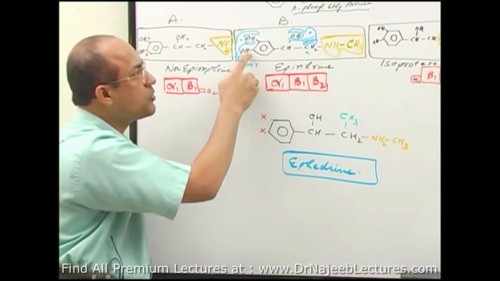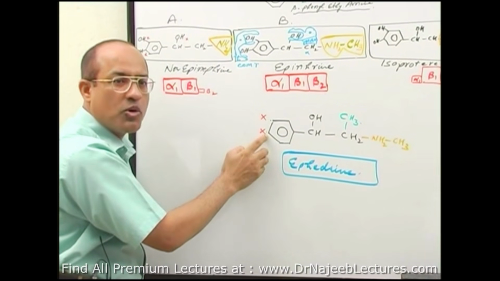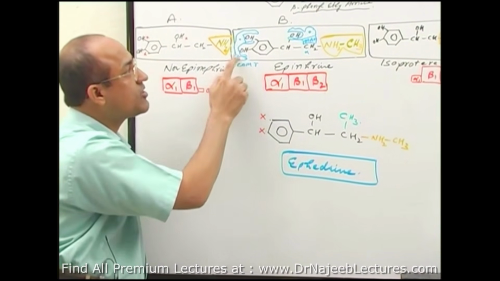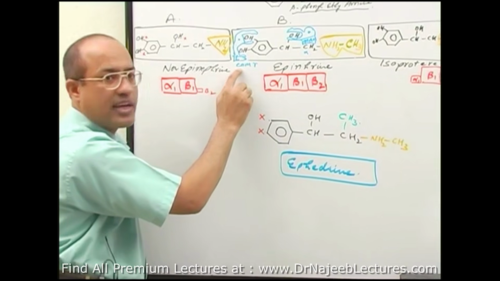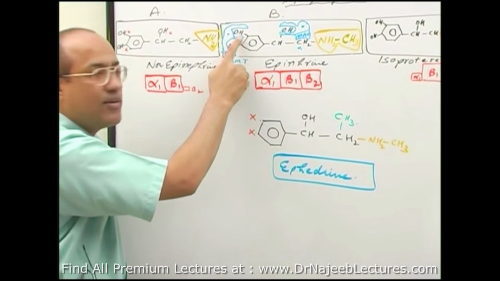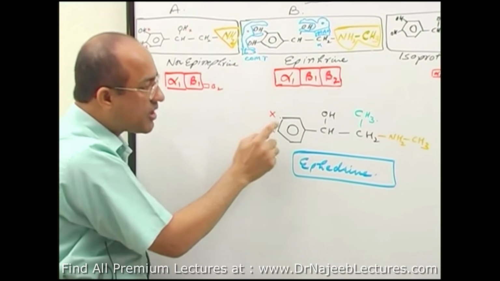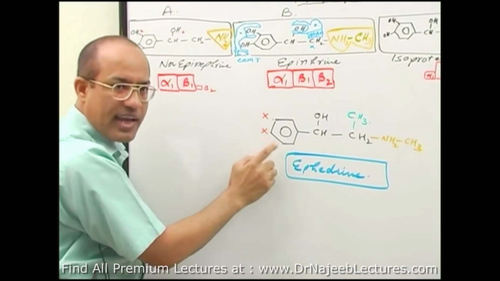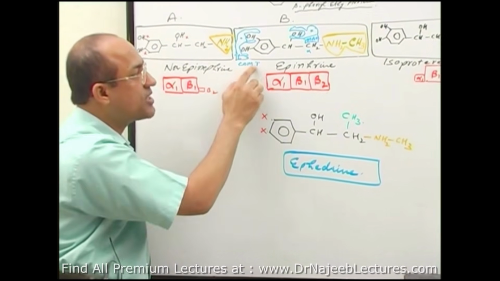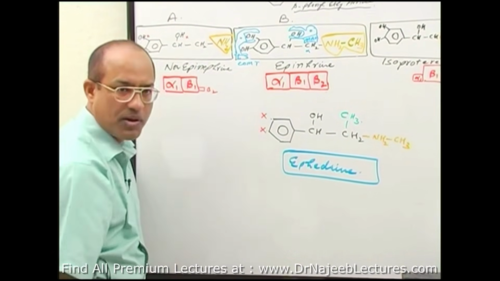Secondly, when you remove these hydroxyls, it is no more a catechol ring. Because it is no more a catechol ring, this enzyme, you know what is this enzyme? Catechol-O-methyl transferase. This attacks this component of the catechol ring. But because we have removed the hydroxyls and it is not a catecholamine, COMT cannot attack this compound.